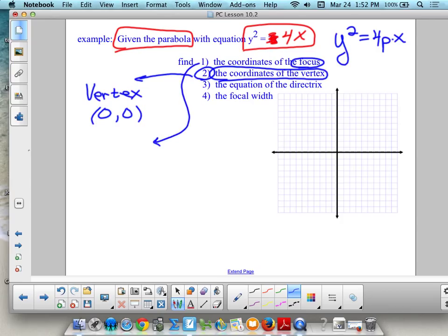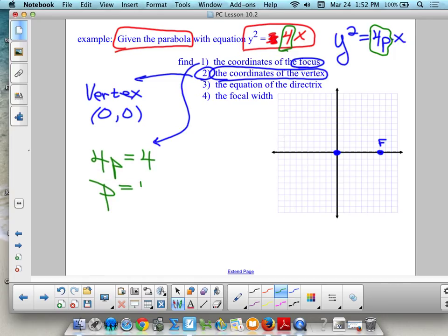For you to find the focus, you should know it's going to be over here. But how do I find how far to the right it is? I have to find what value? P. Go find P. Now look close. See this 4 right here? Where'd that 4 come from? That 4 came from that 4P. So I'd say, oh, well, 4P must give me 4.